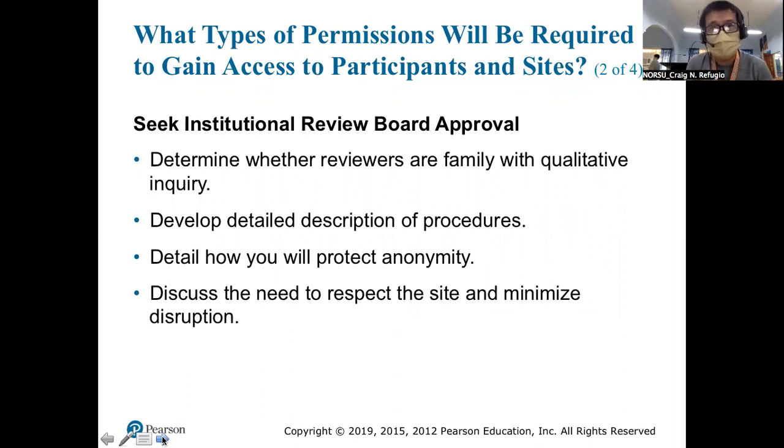So seek institutional review board approval. Here at NORSU, it is not yet a part of the policy, like undergoing thesis in the undergraduate program and even the thesis and dissertation in the graduate school that deal with human beings. We're not able to institutionalize the seeking of approval from the ethics committee or the IRB.